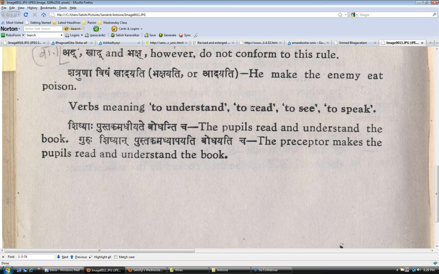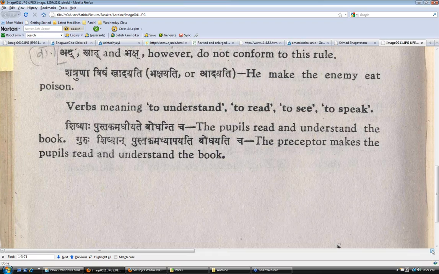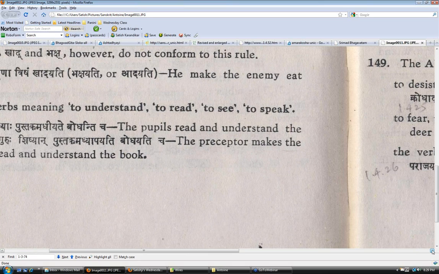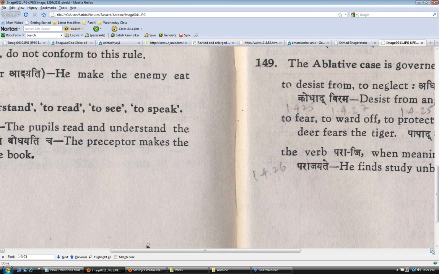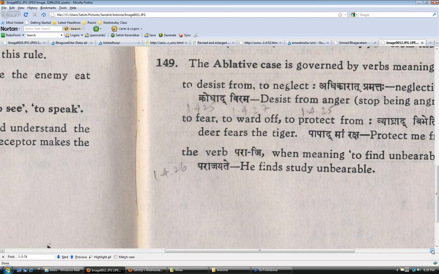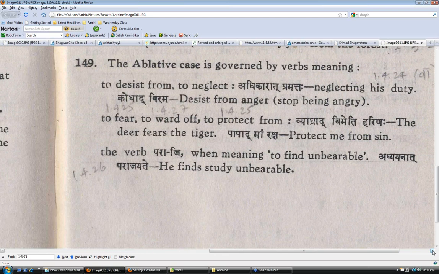So I think read is taken as that shabda karma, and probably speak also, because this is not the buddhi artha. Understand and see is buddhi artha. We can take pashati also, right? Balakaha pustakam pashati, guruhu balakam pustakam pashayati. Pashayati can also be taken there.